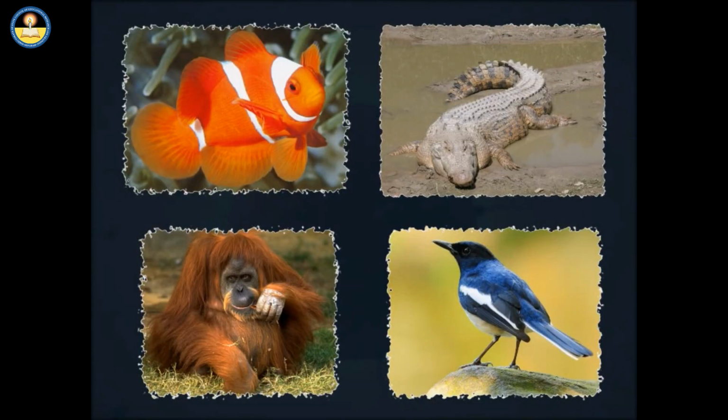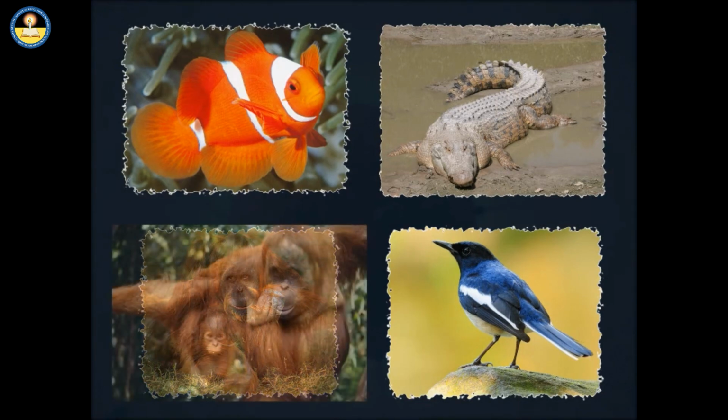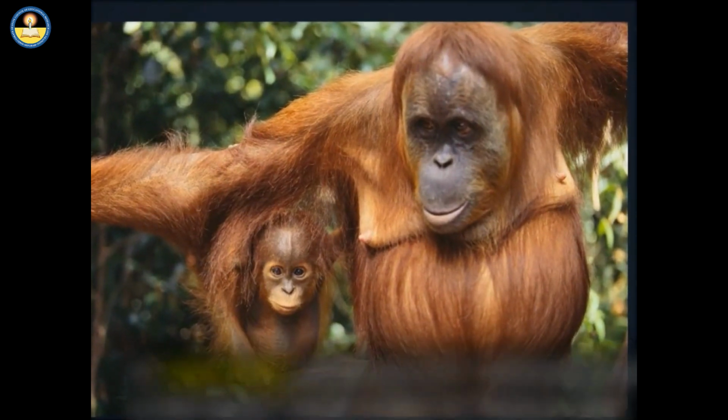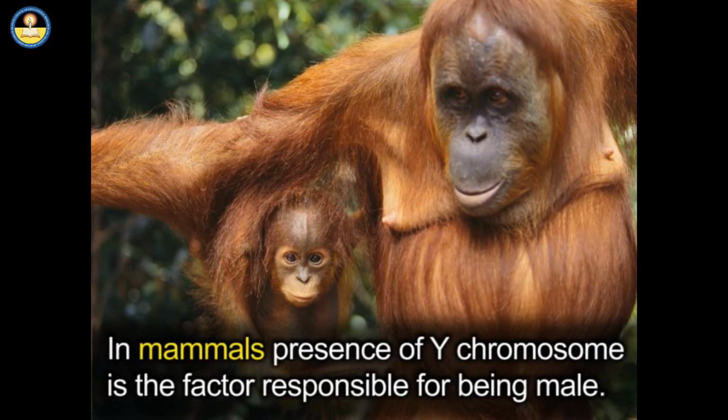In different species, the sex of offspring is actually determined in different ways. For instance, in mammals, presence of Y chromosome is the factor responsible for being male.